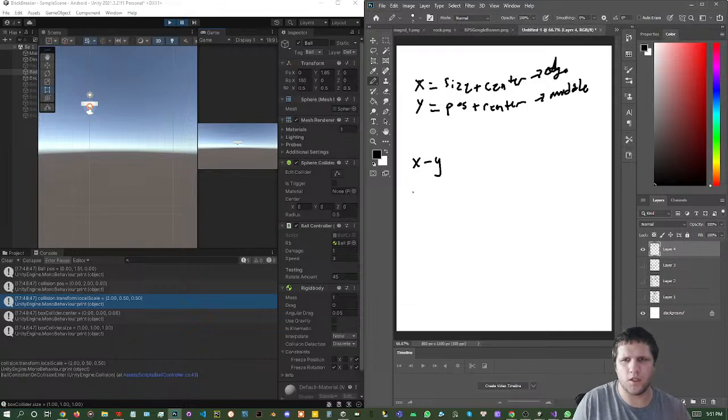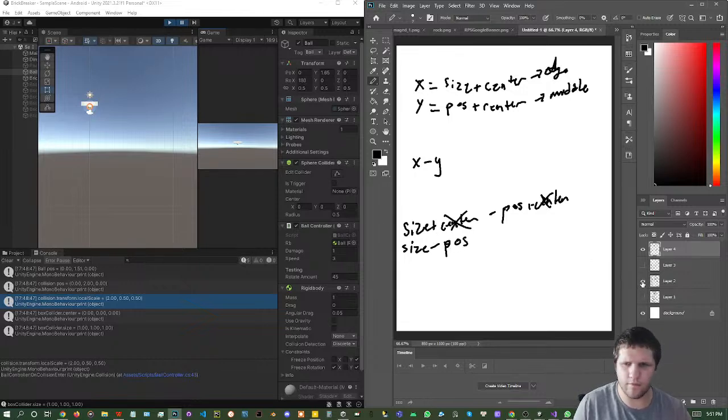Which is pretty much saying size plus center minus position plus center, and we have center minus center, so we can cross that out. So center doesn't actually matter here, so we have the size minus the position.